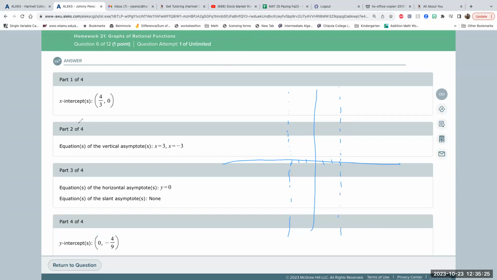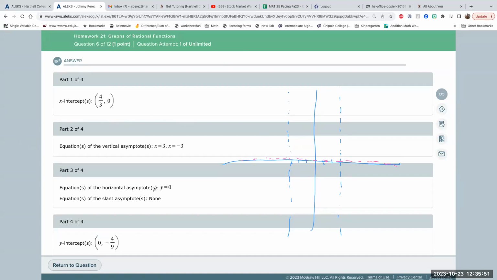Let me do this one a different color for my horizontal asymptote at 0. All right, and then I got the x-intercept at 4/3. That's like 1.3, right here. All right, wish it were nicer, but nope. And that's all they give us.